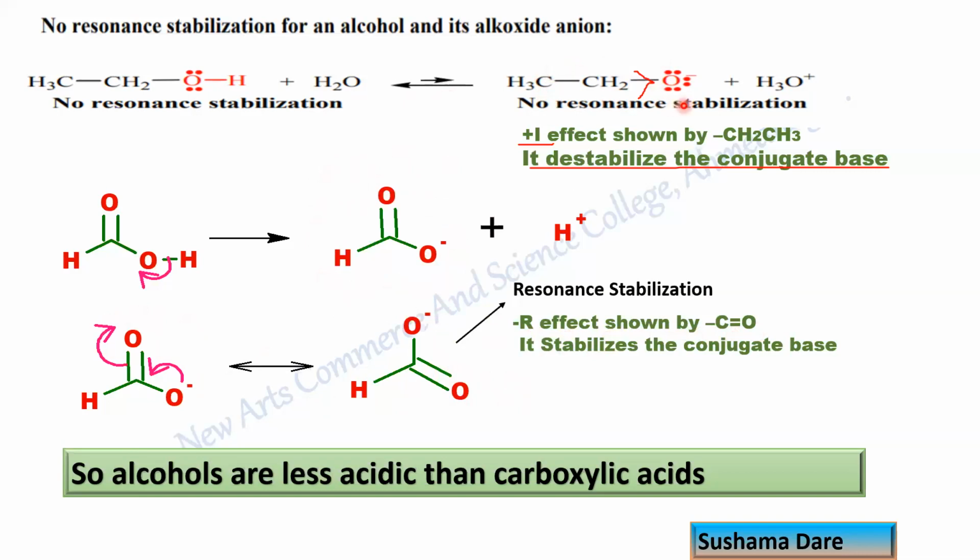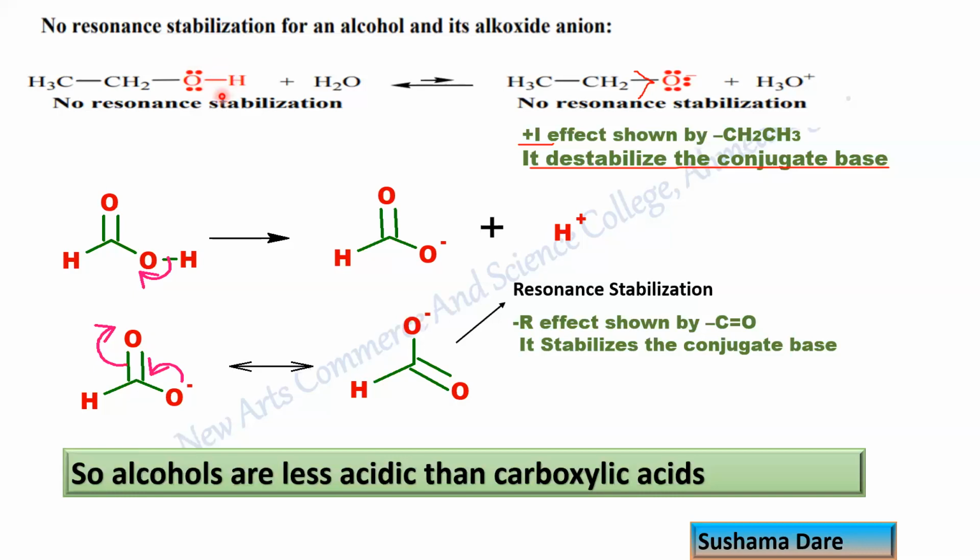But in this case, as there is no resonance, which factor is present instead? An electron donating inductive effect is there, which destabilizes the conjugate base due to the localization of the charge. Because this conjugate base is less stable, the dissociation is difficult. Why is the dissociation difficult? Because the oxygen-hydrogen bond is strong.